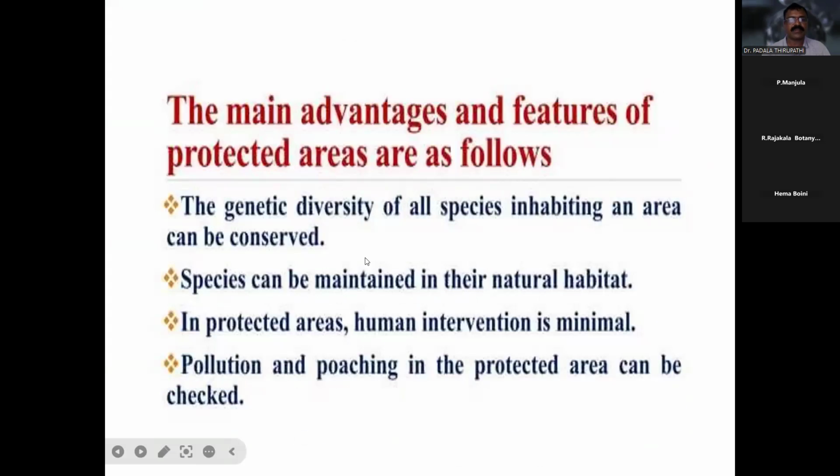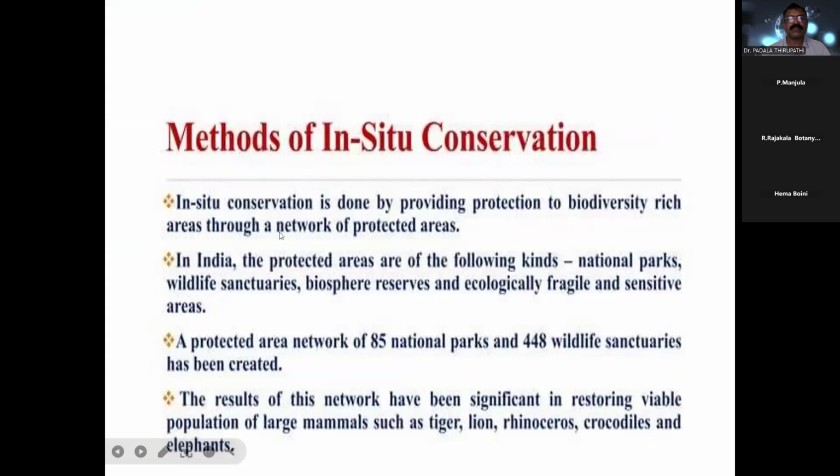So in situ conservation is mainly done by providing protection to biodiversity-rich areas with a network of protected areas. In India, in situ conservation mainly includes national parks, wildlife sanctuaries, biosphere reserves, and ecologically fragile and sensitive areas.